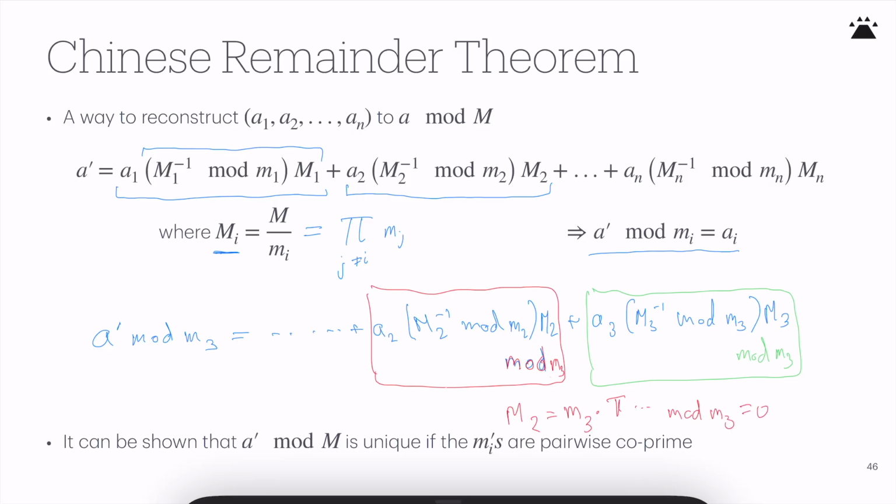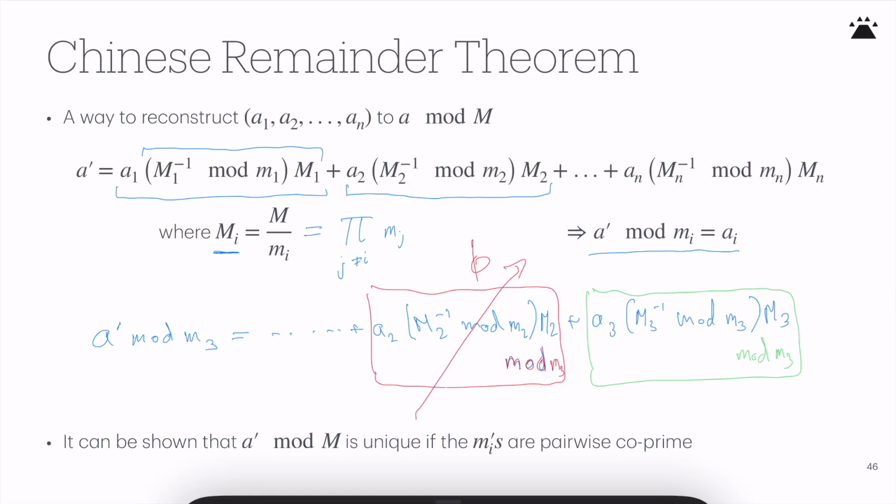Now, let's see what happens when we do the same thing for the green guy. With regards to M3, big M3 doesn't have small m3 in it.